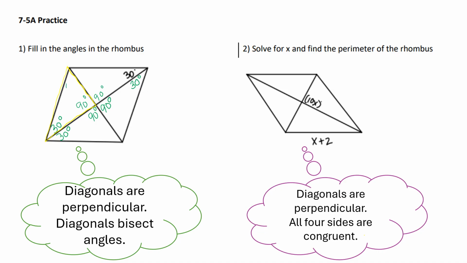So I know that this angle has to be 60 degrees because 30 plus 60 is equal to 90, plus another 90 would give me 180 degrees. The diagonal here also bisects the angle, so that would have to be 60, and this would also have to be 60.